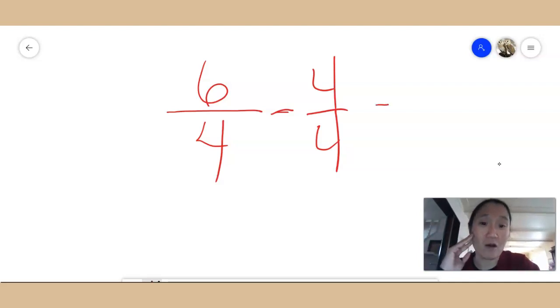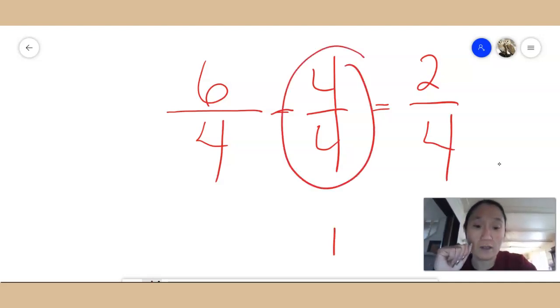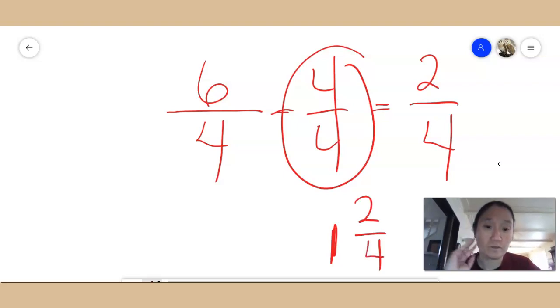Well, I can take out the 4/4, and that'll leave me 2/4. So this actually turns into 1, and then there's 2/4 left over. So it'll be 1 2/4, also known as 1 1/2.